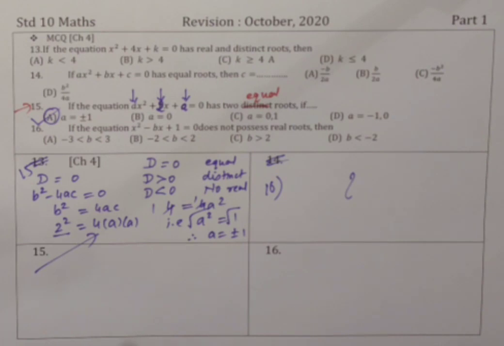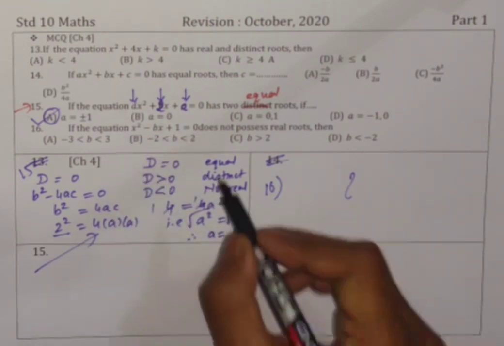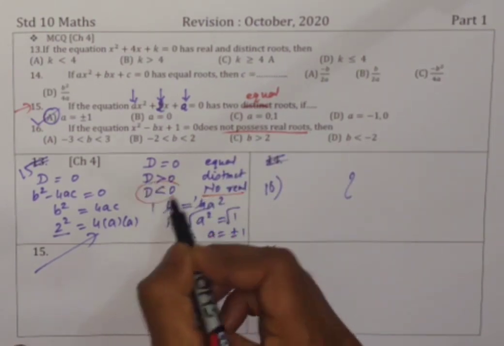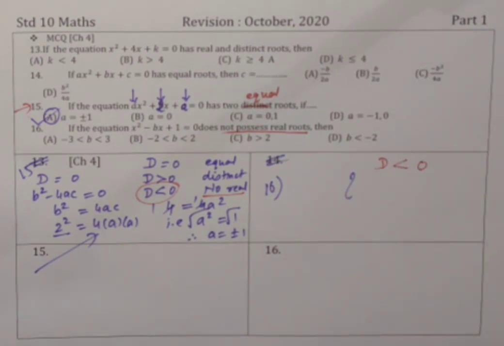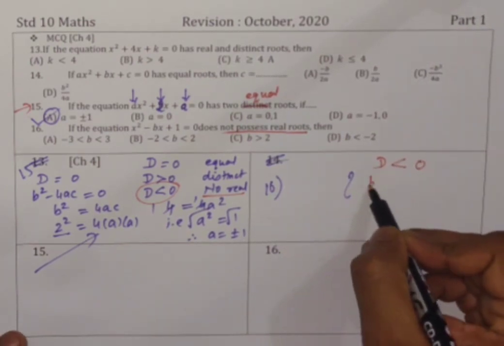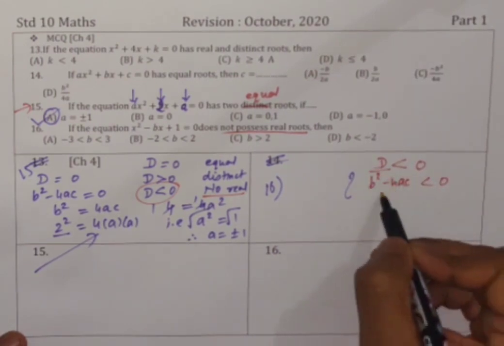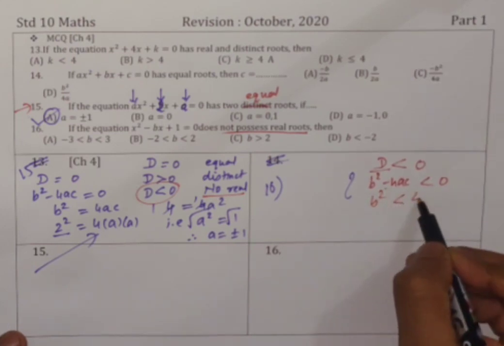If the equation x square minus bx plus 1 equal to 0 does not possess real root, no real root. So here discriminant D is less than 0. Okay, so b square minus 4ac is less than 0. That is the formula for discriminant. B square is less than 4ac on the other side.